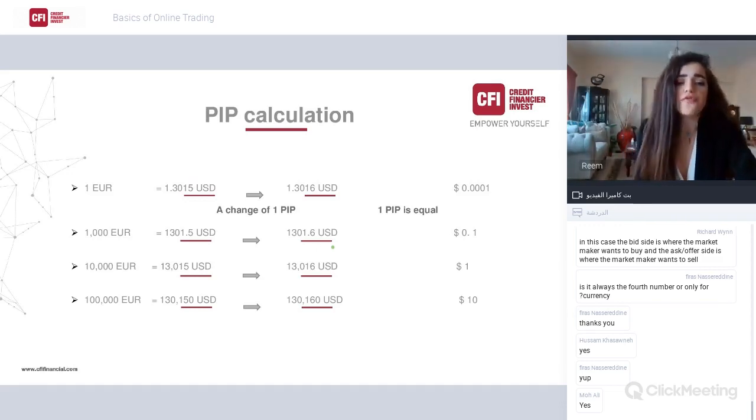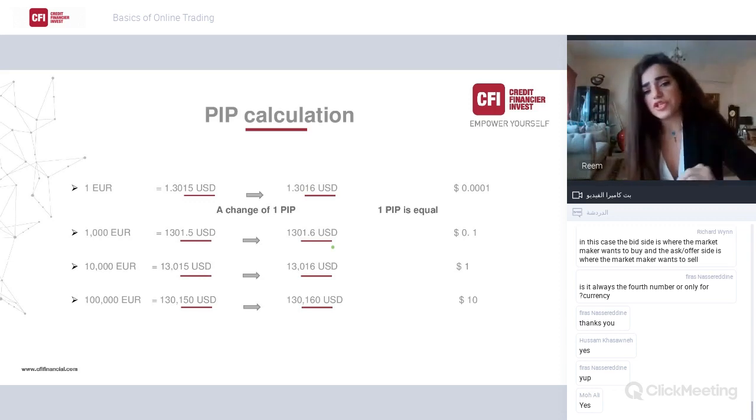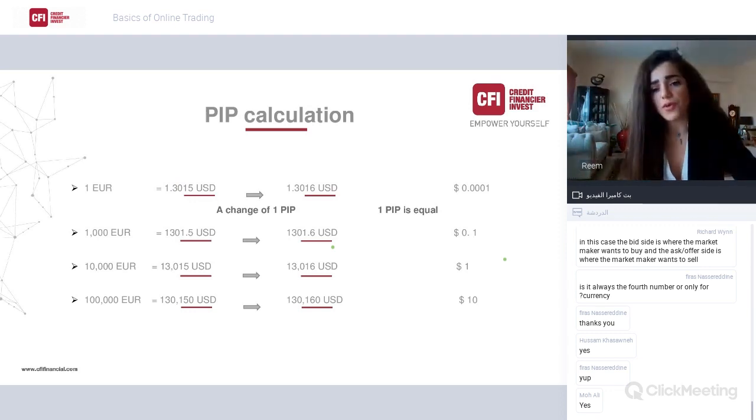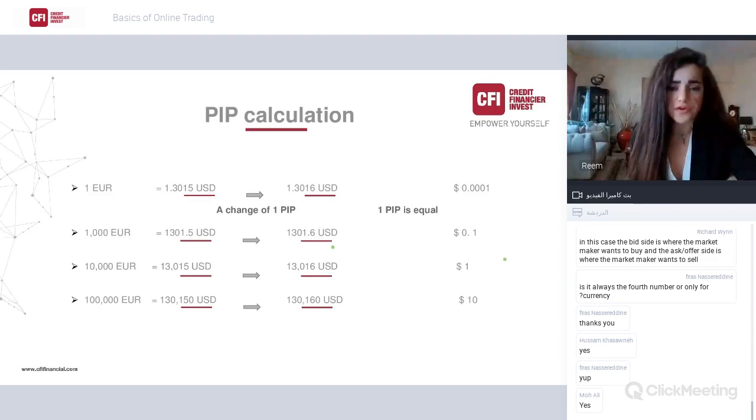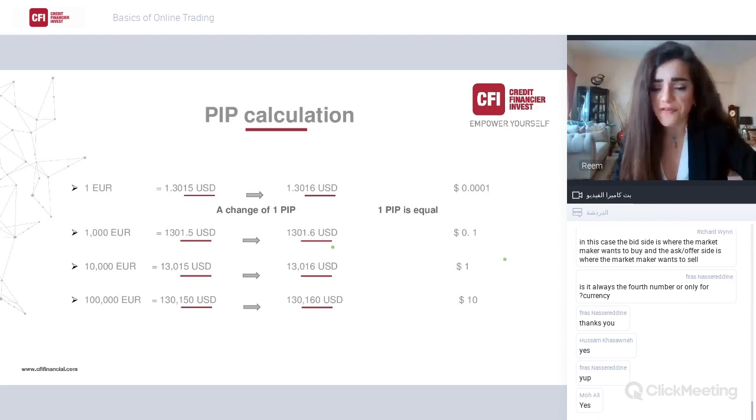Before I go into a pip calculation in this slide, I want you guys to know something that differentiates the platform that we use from others. The MetaTrader 5 has characteristics: 90% of investors around the world use this platform.